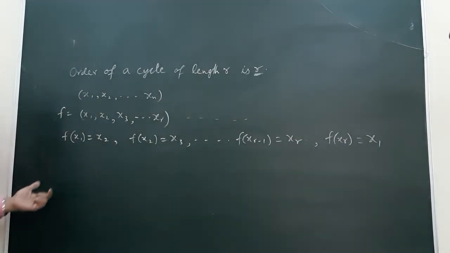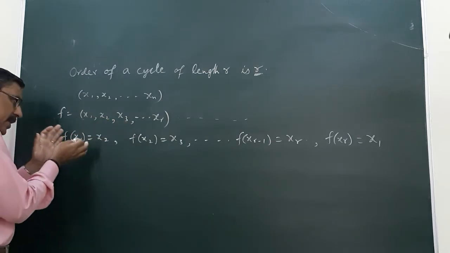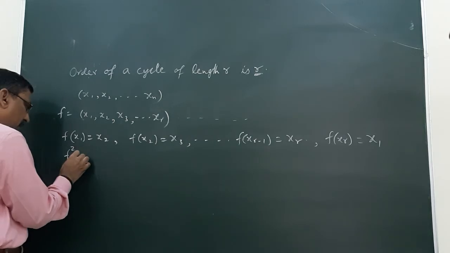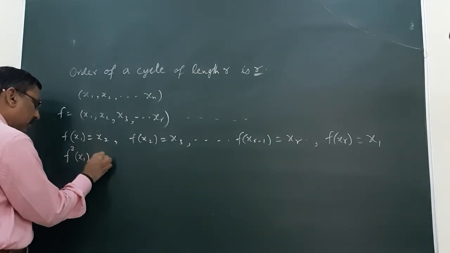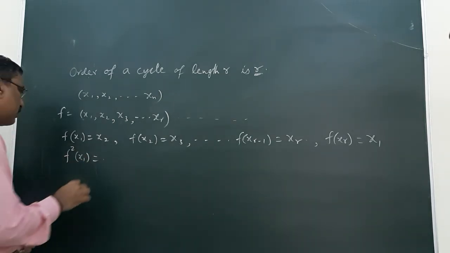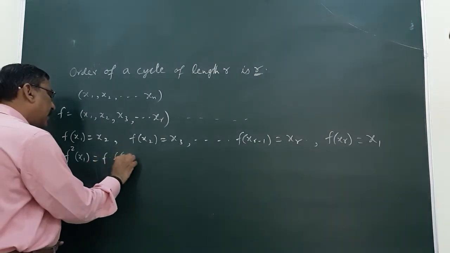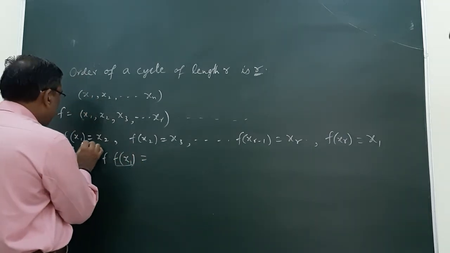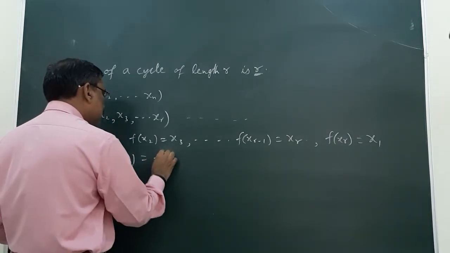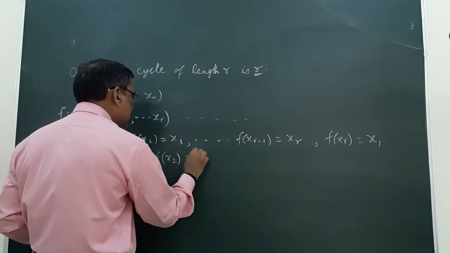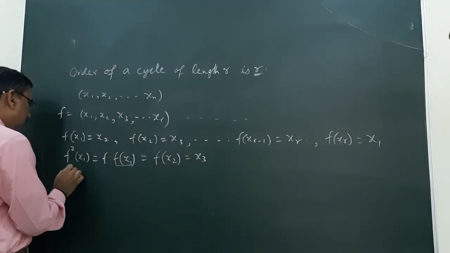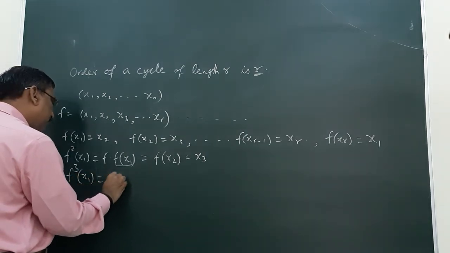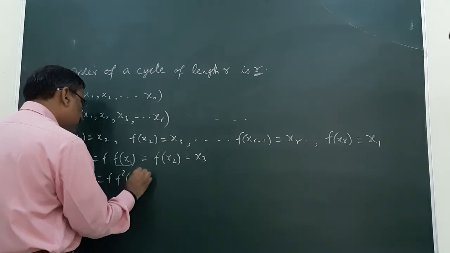So using these equations, I can write F squared of x1 is equal to F of F(x1), and what is F(x1)? F(x1) is equal to x2, so this is F(x2) and this is x3. Again, F cubed of x1 is equal to F of F squared of x1.